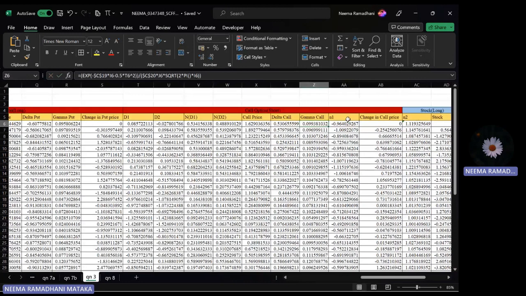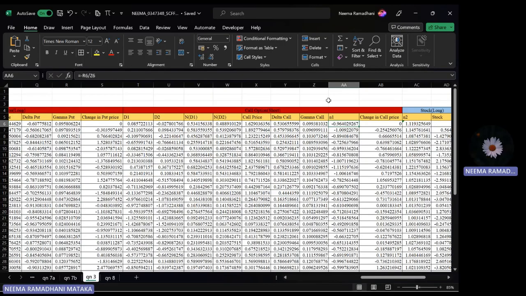For the call option, to get your change in call price, we have to have this value here, the N1 values. So I also calculated the N1 values. N1 equals negative gamma put out of gamma call. That's how I got the N1 values.